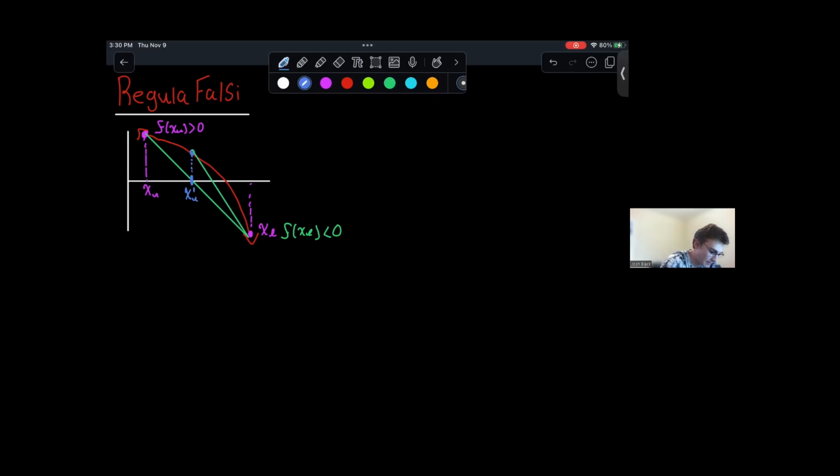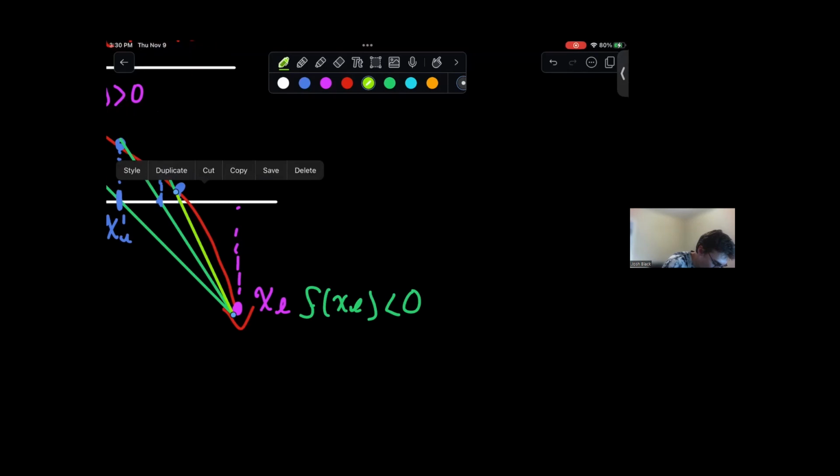We'll go to where f of x is equal to 0 on that line. We make this our new XU. And we keep drawing this line until finally, as you can see, we've come to converge on a solution. And that's kind of just due to my pen being weird, but as you can see, I've converged to where the true solution is.